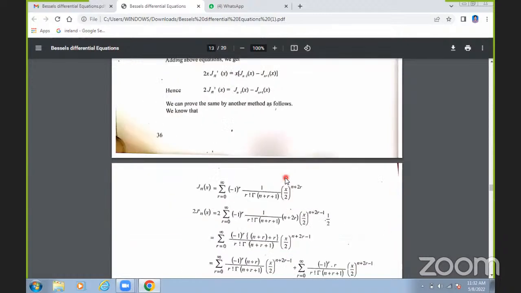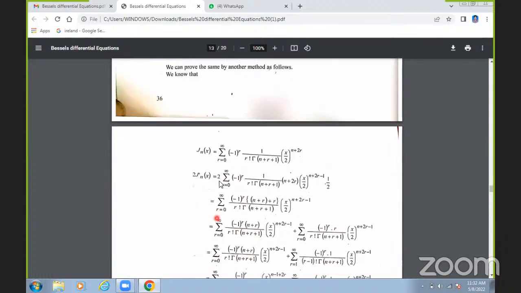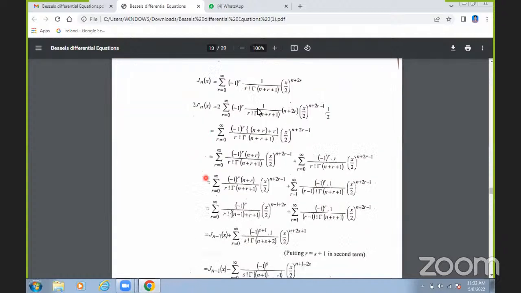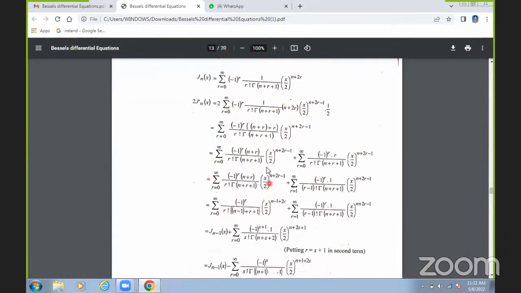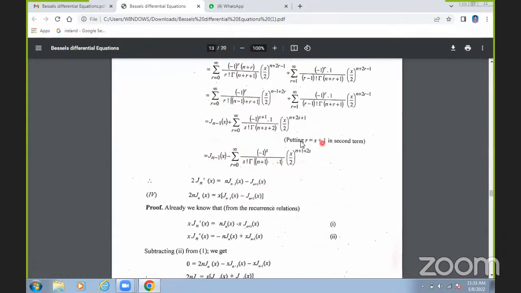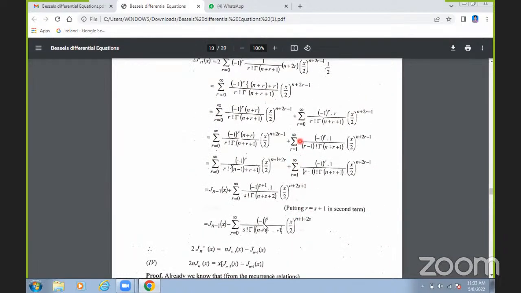So in place of n, we will write n minus 1 as well as n plus 1. So Jn of x is this one, and 2J dash n of x, this one. If you solve this, finally we'll get this equation.